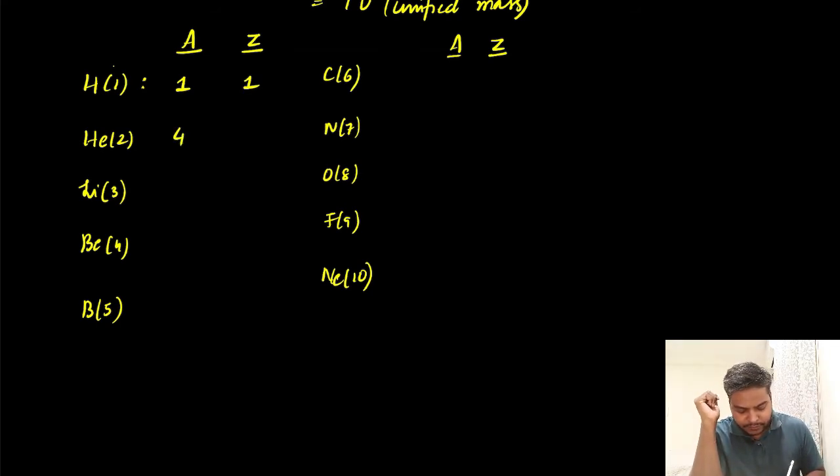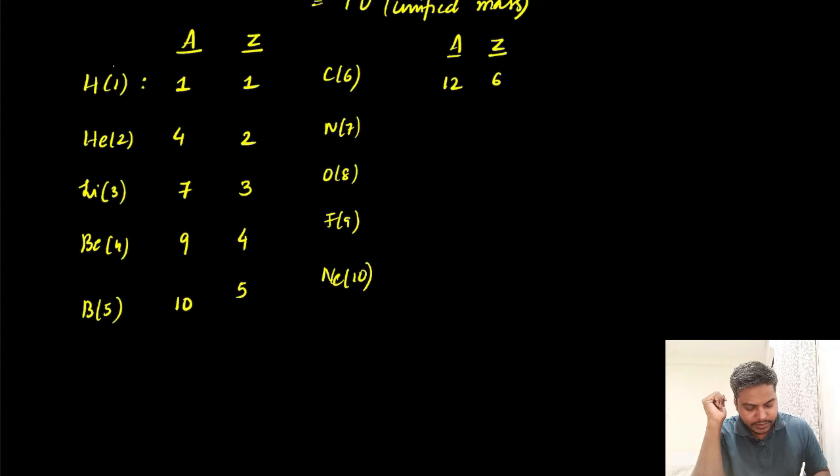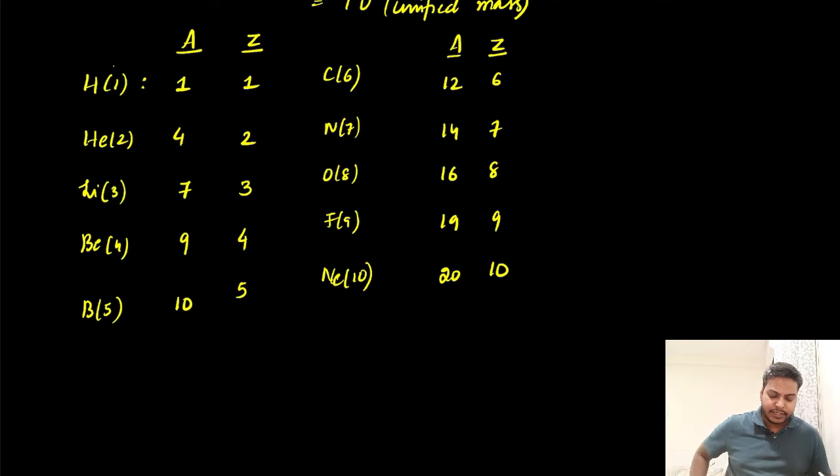Helium mass number is 4, atomic number is 2. Atomic number of lithium is 3, and mass number is 7, while beryllium is 4 and this is around 9, boron 5 and 10. Carbon is 12, 6, nitrogen 14, 7, oxygen 16, 8, fluorine 19, 9, neon 20 and 10. So these are the mass numbers and atomic numbers.